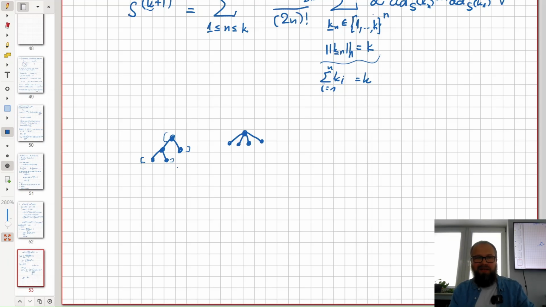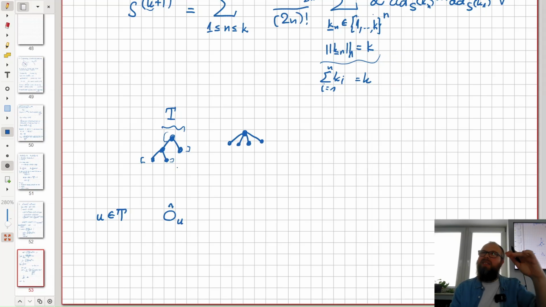And now the rule is that every node in this tree diagram has an associated operator with it. So if we enumerate nodes with u, we have u belonging to tree T. So there is some operator O associated with u, and there are certain rules for what operator goes to what kind of node.